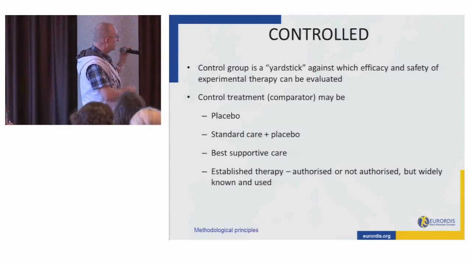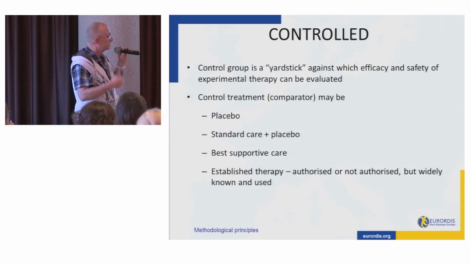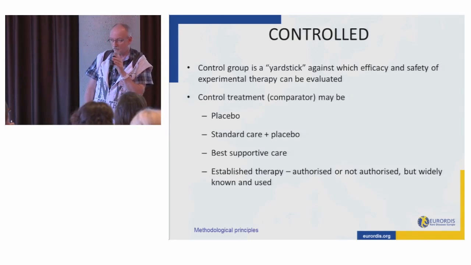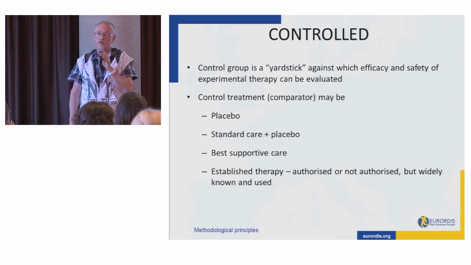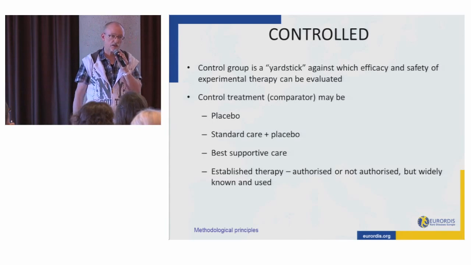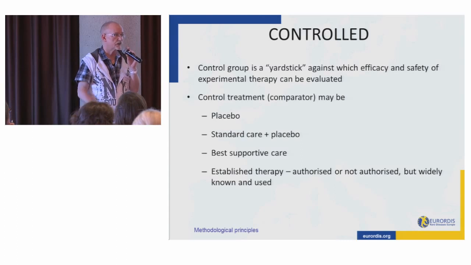And then the established therapy. When we talk about established therapy, we usually mean an authorized treatment, something that's on the market, but occasionally, and particularly in cancer, you may have what we call evidence-based therapies that have never gotten a license, but they're widely used. They're widely in clinical use and therefore considered an acceptable comparator.